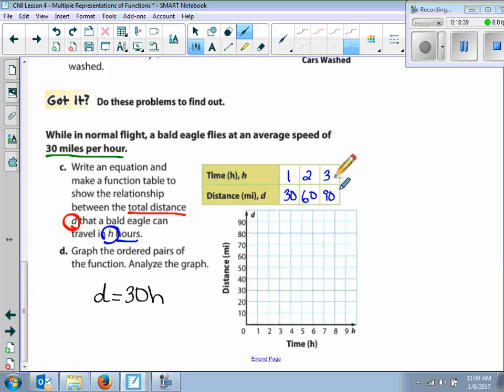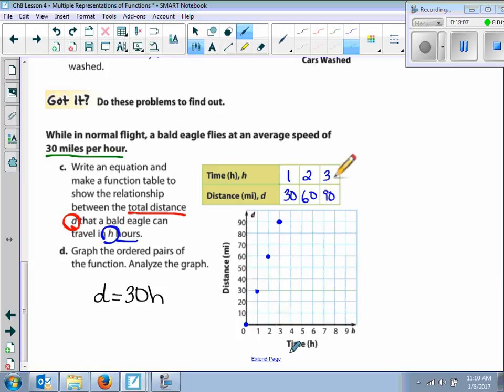Very good. So now we can graph it. So we've got 1 comma 30. We've got 2 comma 60. And we have 3 comma 90. And that's our graph. Now let me ask you this. Will I connect the dots?